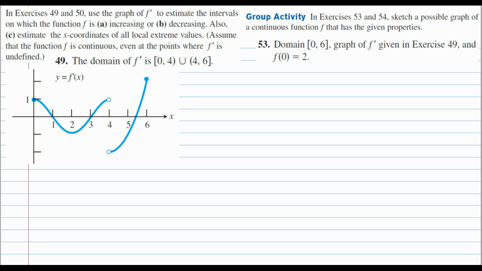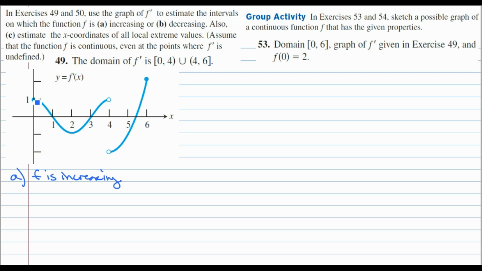Now, I don't need to draw the number line to show where f prime is positive and negative. I can just simply put down f is increasing, and I know that's going to happen where f prime is positive, or above the x-axis.